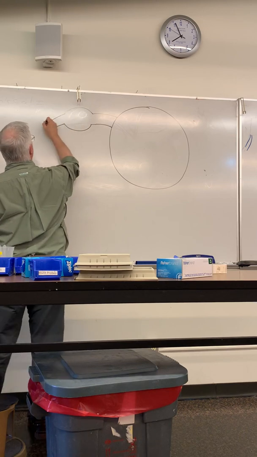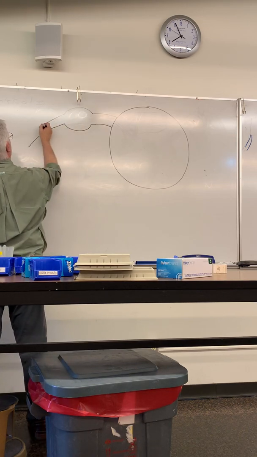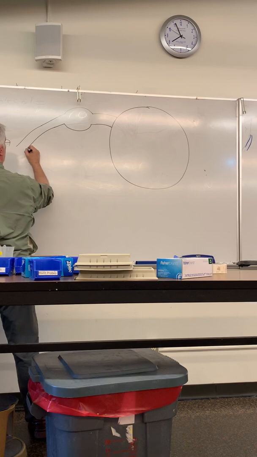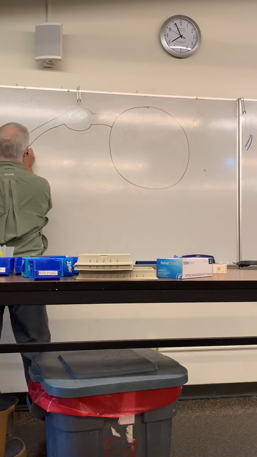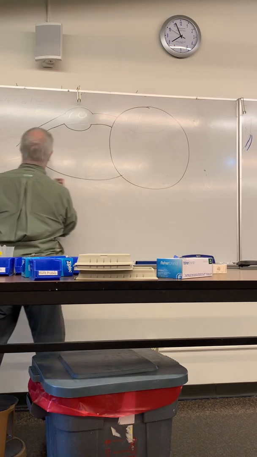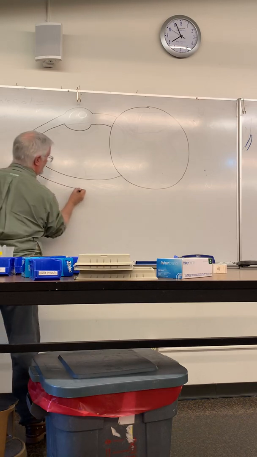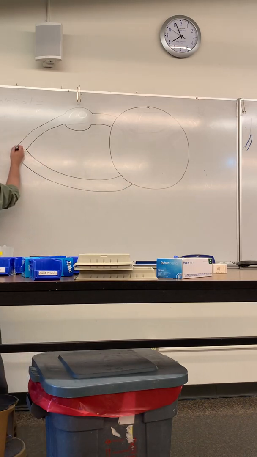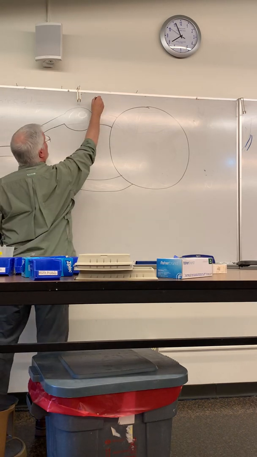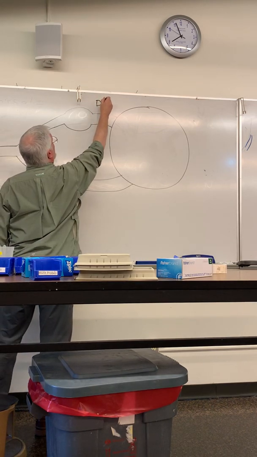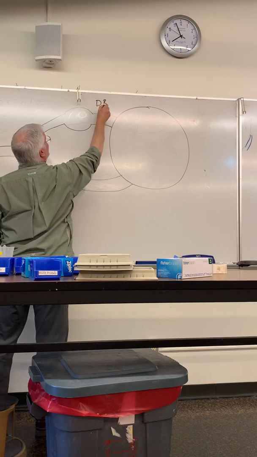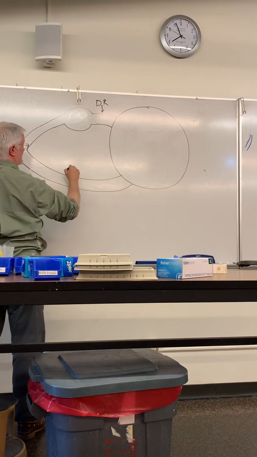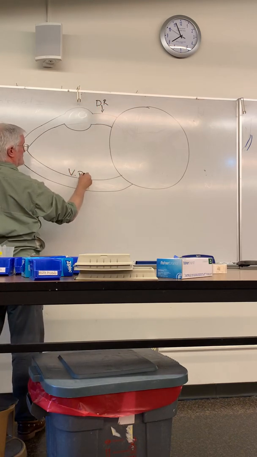Coming back to the root, we're going to come down here to about here. Then I'm going to draw a ventral root coming here, coming there, and then this is going to be spinal nerve. I can label this the dorsal root. That's that. I can label this a ventral root.